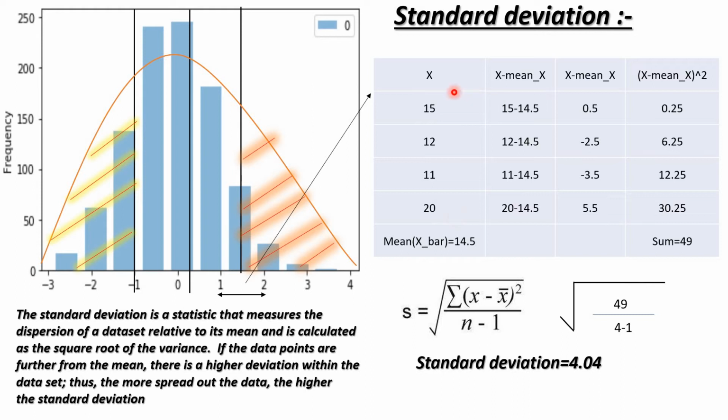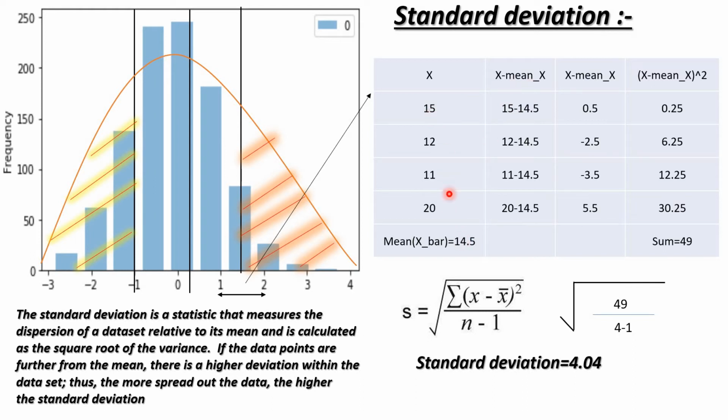You can see over here that we have this histogram and we have a number of elements. From that we are taking only a few elements, or you can say a few data points. We have taken 1, 2, 3 and 4 data points from this data set, right? Now from that we have calculated the mean.